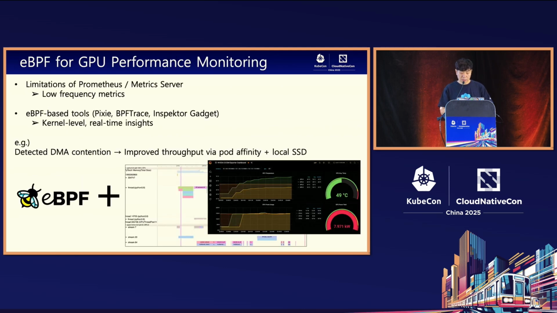And this is my last slide. We are monitoring GPU performance using eBPF technologies, and we also have good tools to monitor eBPF-relevant metrics from memory, storage, GPU, and CPU.